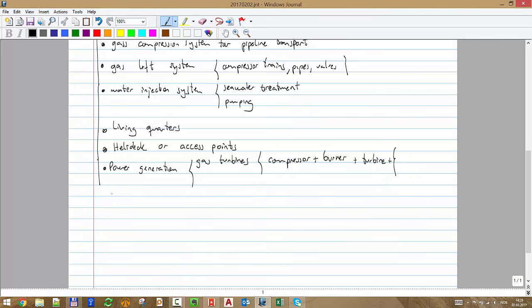Let's see, flare system. Okay, if you need to close the system for some reason, you need to do maintenance, you need also to evacuate the hydrocarbons in the system, evacuate the gas, so you send it to the flare. If you have an emergency, you send it to the flare. So that's where I burn gas, okay, when needed.